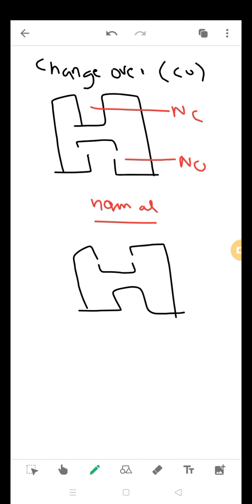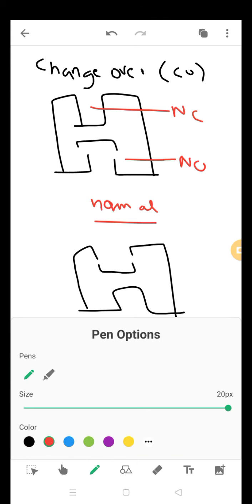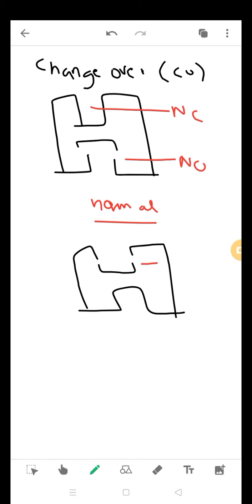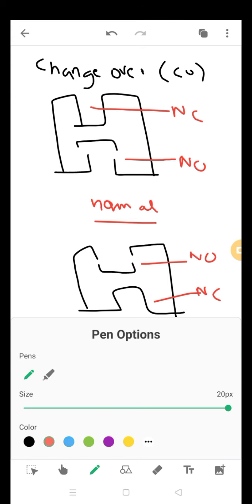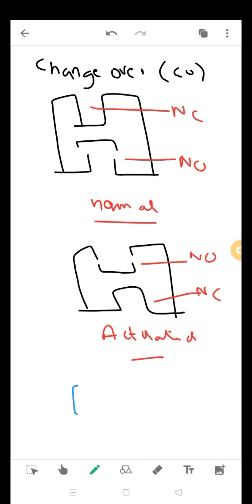So this is now NO, normally open, and this is now normally closed. When this changeover occurs, and this is an actuated position, we call it a changeover switch, and it is represented in this fashion.